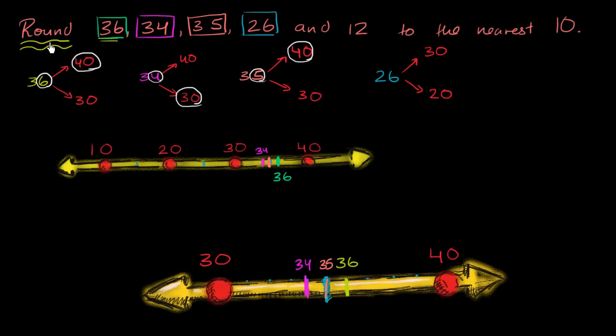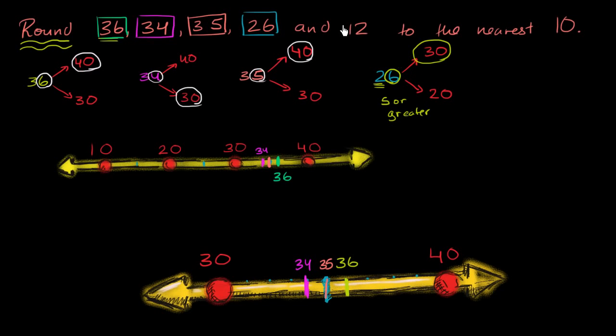Well, if we're rounding to the nearest 10, we look at the tens place, that's what we're going to round. But then we look at the ones place, and the ones place is going to decide it. And we see here this is 6, 5 or greater, or you could say greater than or equal to 5. So we round up. 26, rounded to the nearest 10, we round up to 30.